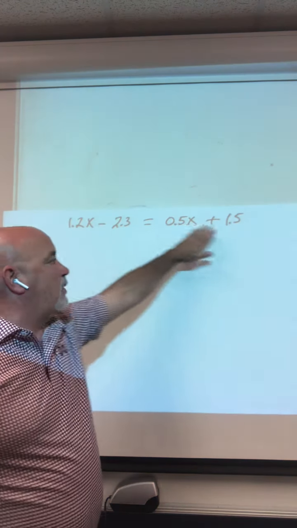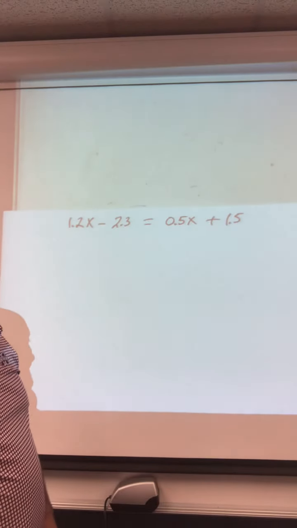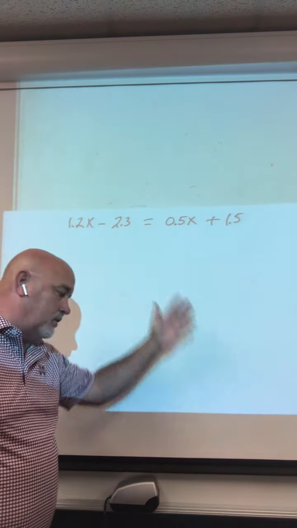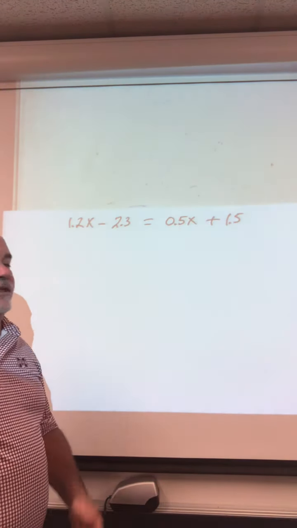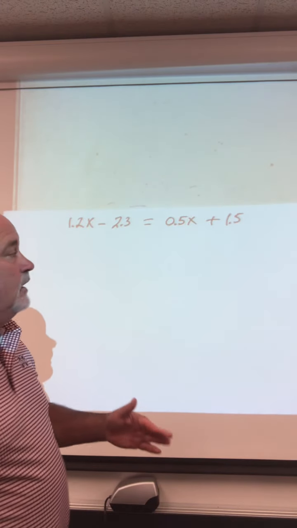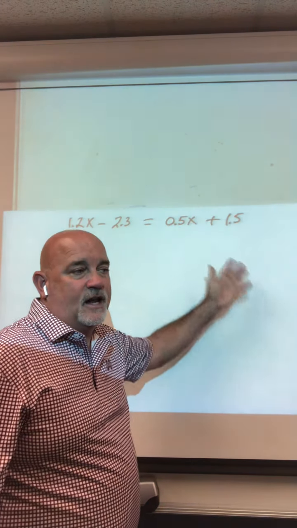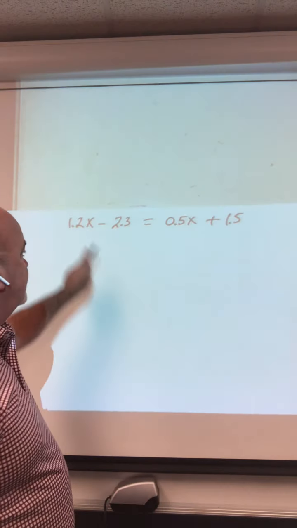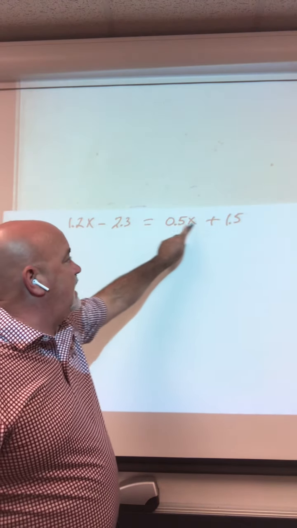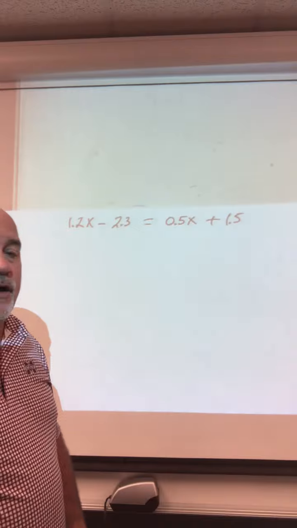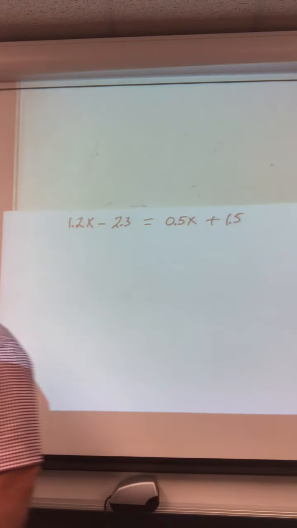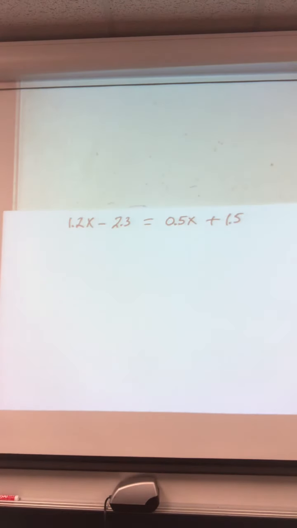Every one of these terms has a decimal that's not at the end. Now, they don't all have to have decimals that's not at the end. But every one of these decimals is to the 10th spot. So what I'm going to do is multiply through by 10 to get rid of the decimals.